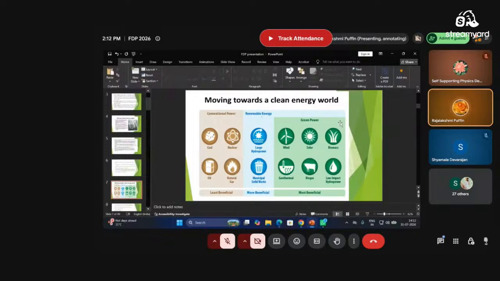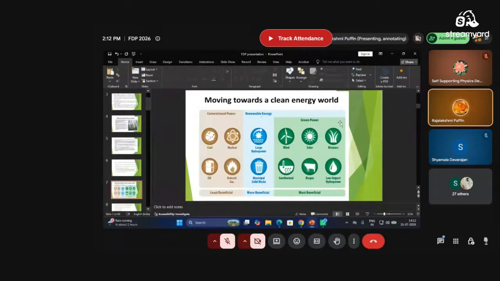In the slide, we can see this picture of how we have to move towards clean energy. The conventional sources like coal, nuclear, oil, and natural gas are what we are using now. In the future, we can improve by changing all these. How far can we go for green, renewable energy, like hydropower, wind, solar, biomass.